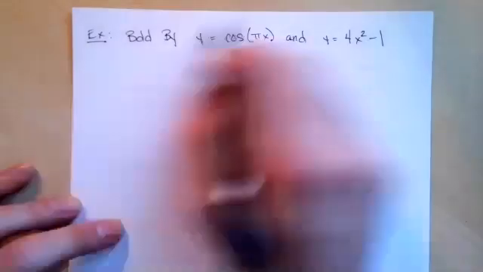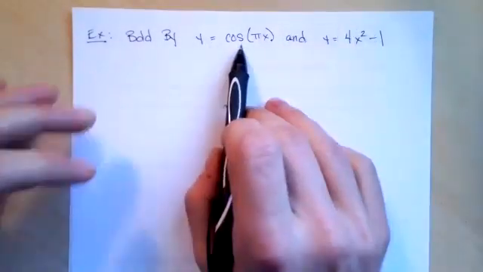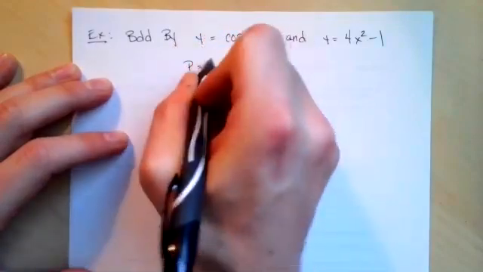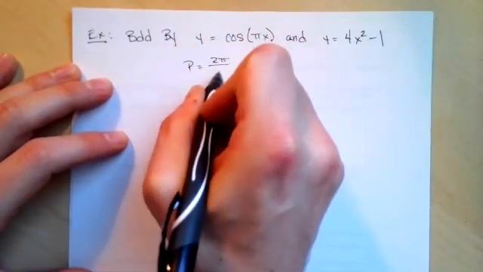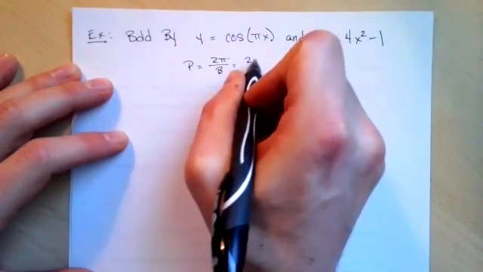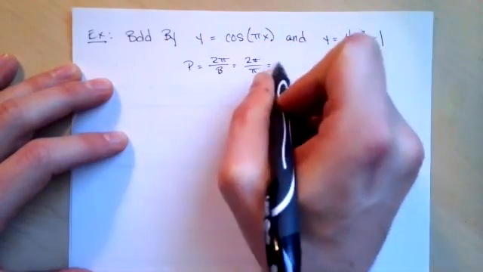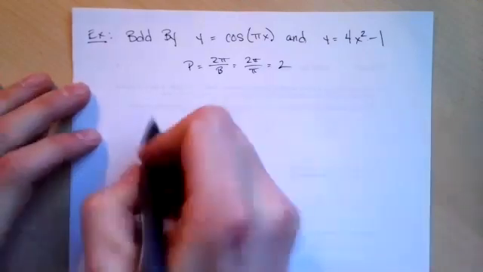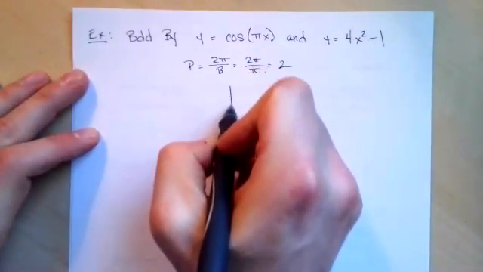So our graph, let's try to graph it a little more accurately. What's our period? It's going to be 2 pi over b, which is 2.